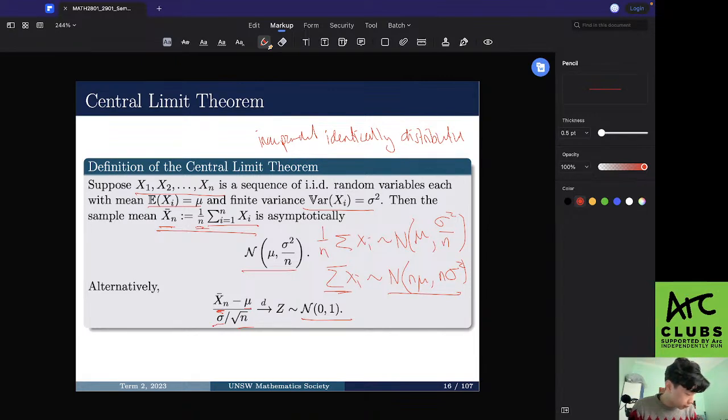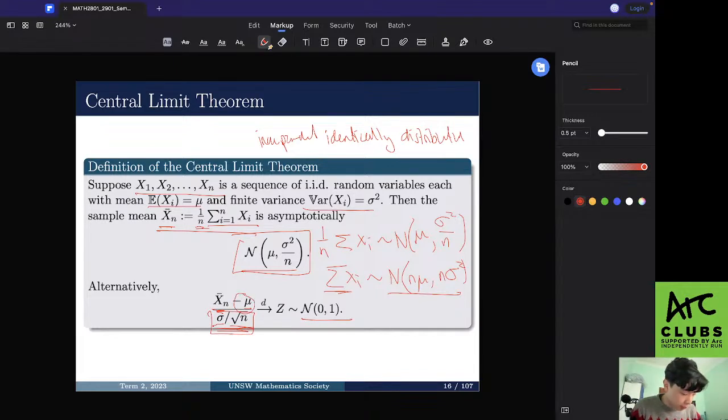So the way we can get this from our thing right here is essentially just multiplying both sides by this sigma on root n, and then adding this mu to both sides.